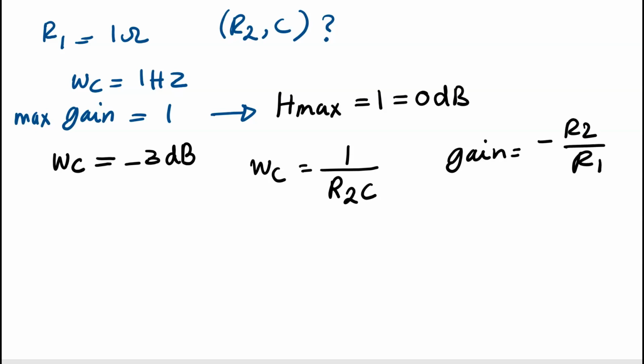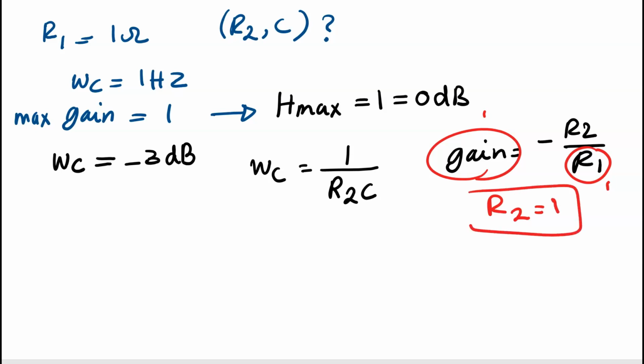We know that R1 is equal to 1. If we want to have a gain equal to 1, then R2 should be equal to 1 as well. So we can figure out the value of R2 based on the gain that we need. And for C, we can find that from this equation.